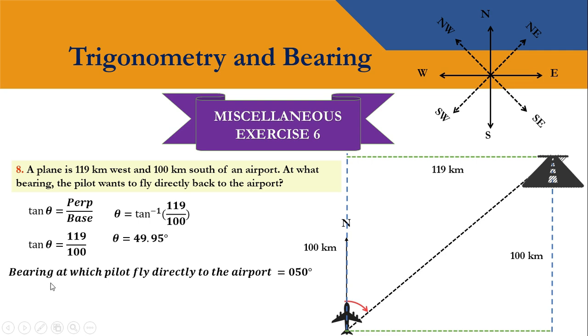So the bearing at which the pilot flies directly to the airport is equal to 050 degrees, because bearings are normally written in 3 digits.